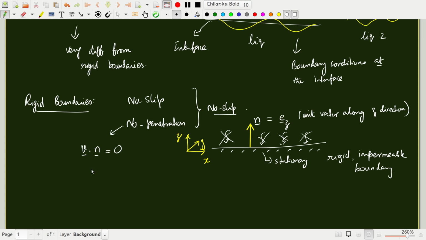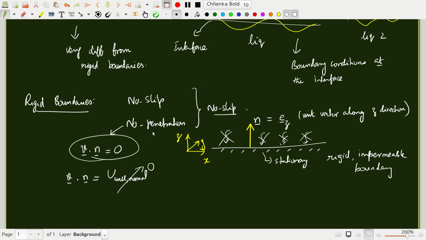If the boundary is moving with some normal velocity u wall normal, moving vertically up or down, then v dot n will take the normal velocity of the boundary itself. But if it is 0, then v dot n is 0.